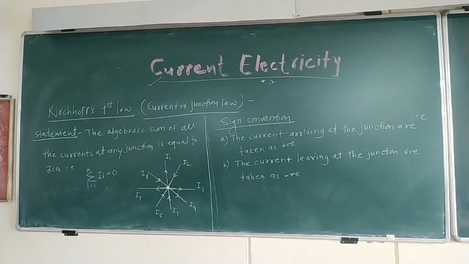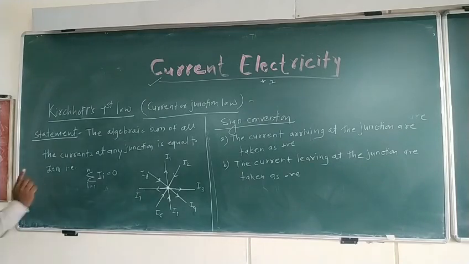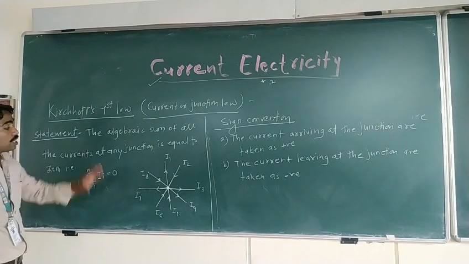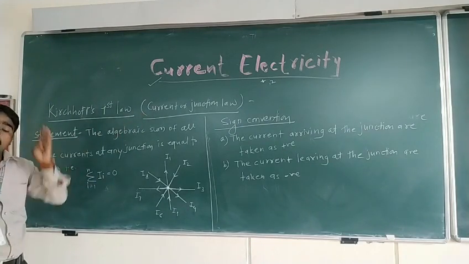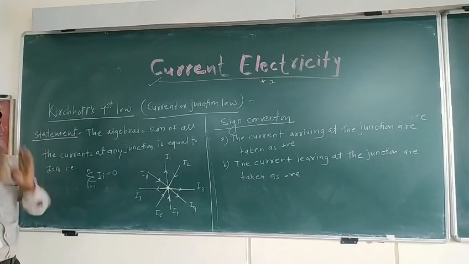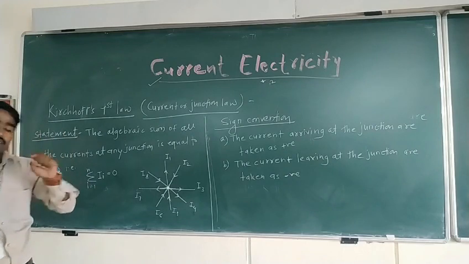The next point is Kirchhoff's first law, in bracket current or junction law. Kirchhoff's first law is also called current law or junction law, because this law is totally related to current, hence it is called a current law, and all these currents meet at a single point, hence it is called a junction law.